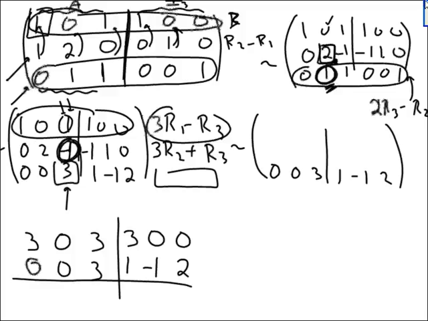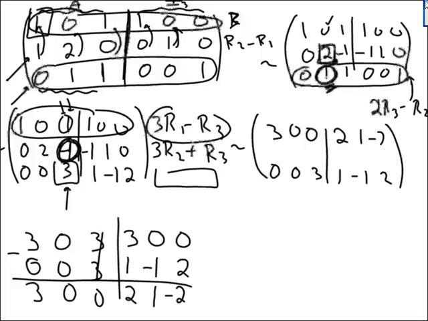And I subtract because I want this to be 0. 3 minus 0, 3 minus 1, 0 minus a -1, 0 minus 2. Now, this becomes the first row: 3, 0, 0, 2, 1, -2.